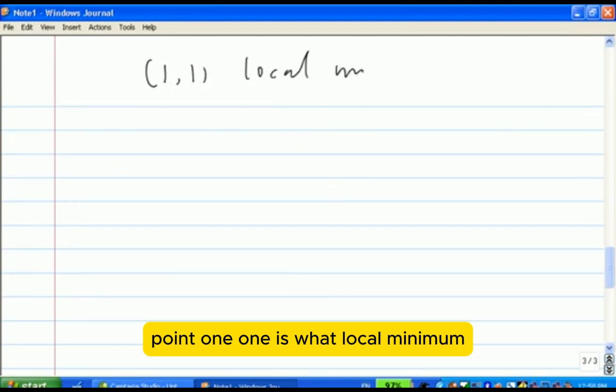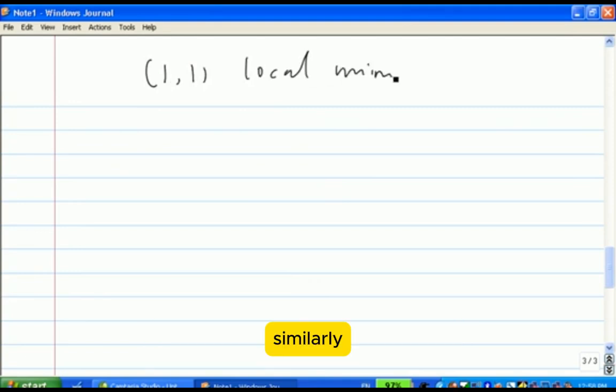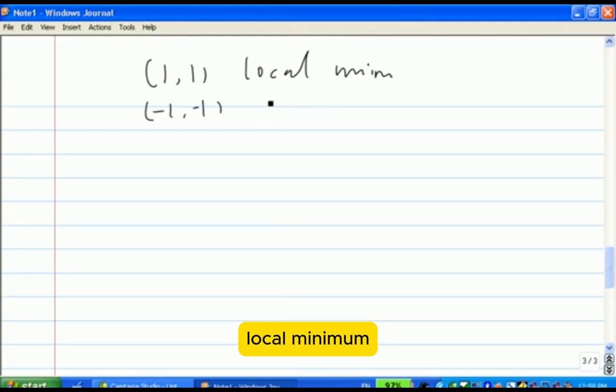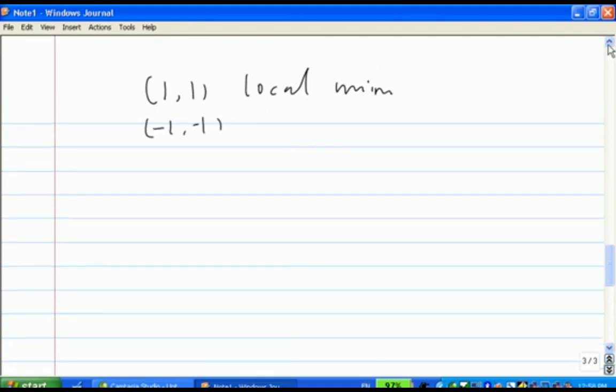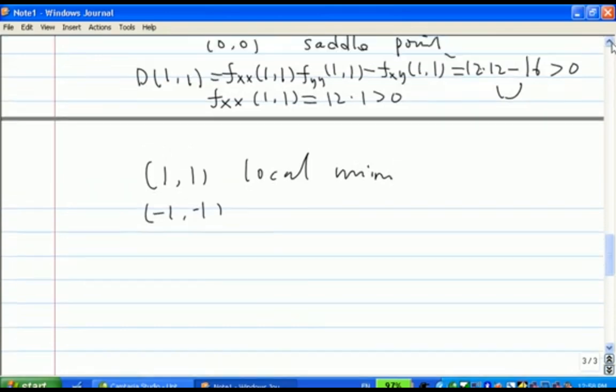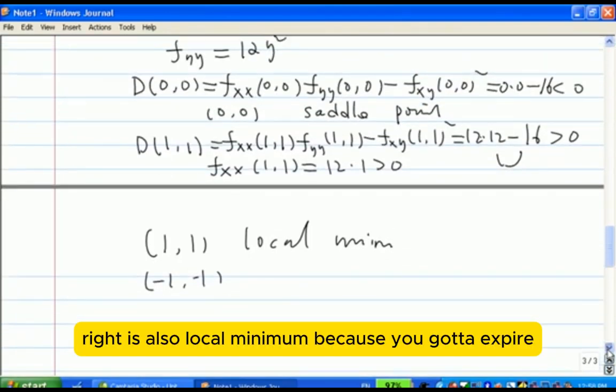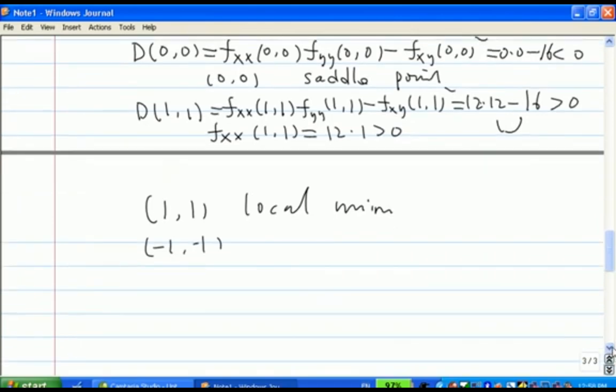Local minimum. Similarly, you can check the point (-1,-1), it is also a local minimum, because you got x squared.